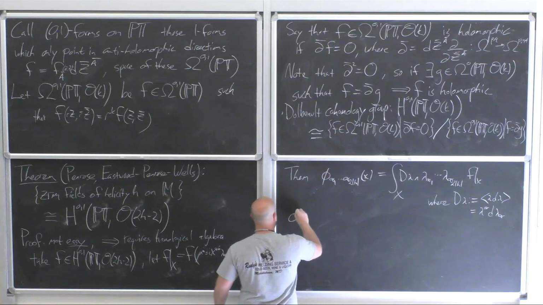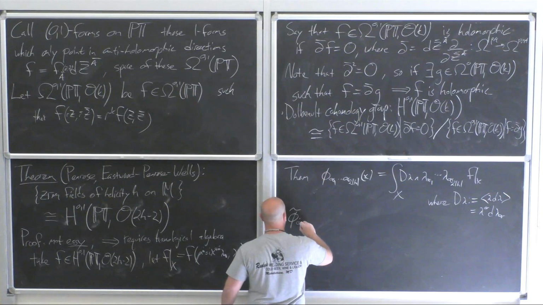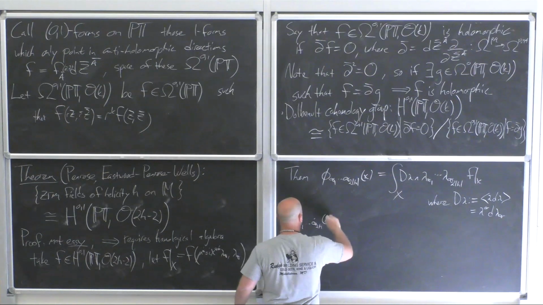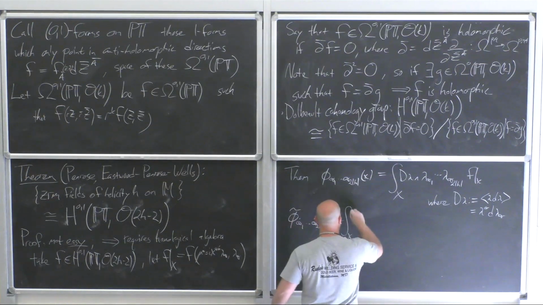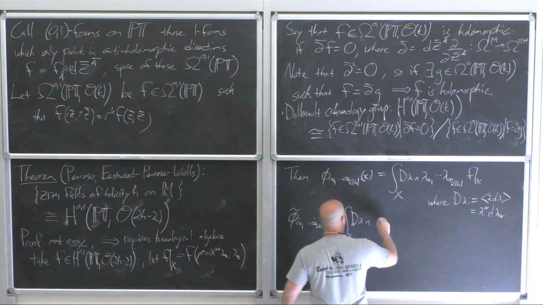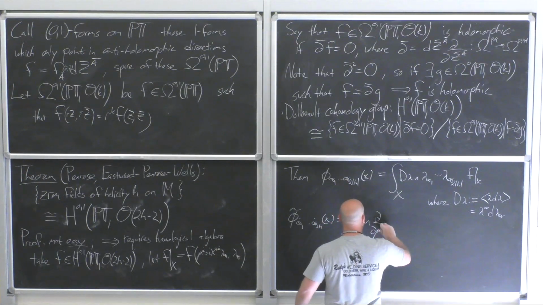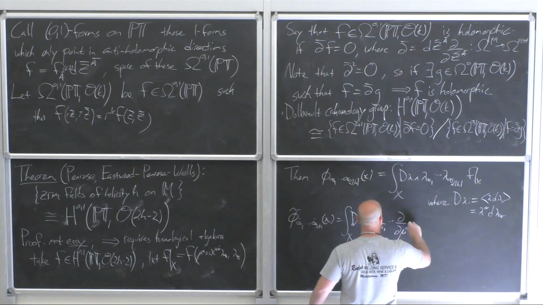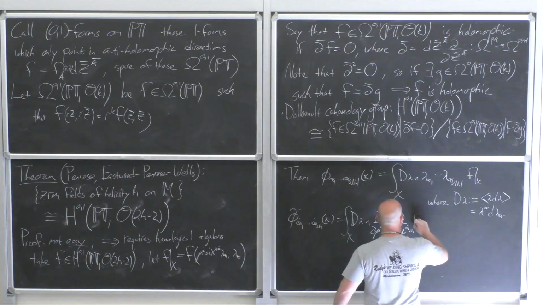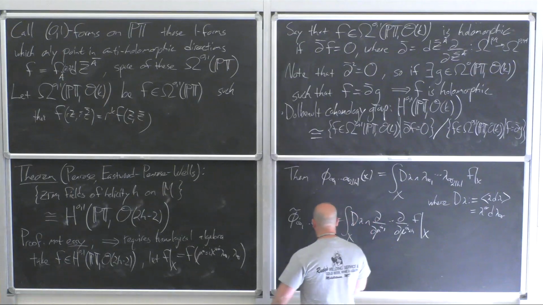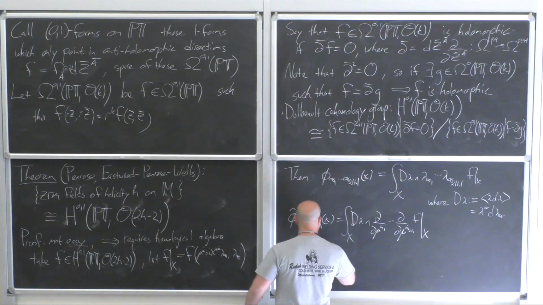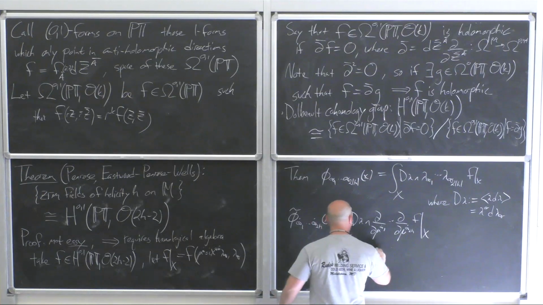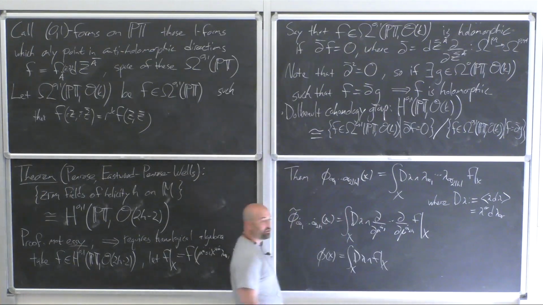If I have positive helicity, I take the integral over X, D lambda, and then I take a bunch of derivatives with respect to mu, and restrict the whole thing to X. And if I have a scalar, then I just integrate over the line, D lambda wedge F, restrict X.